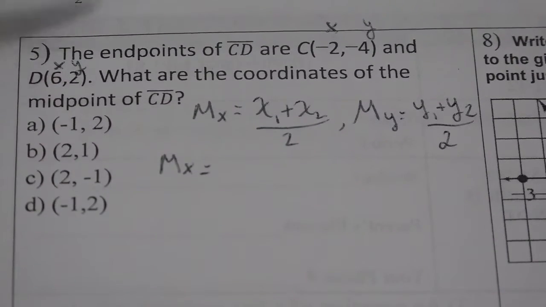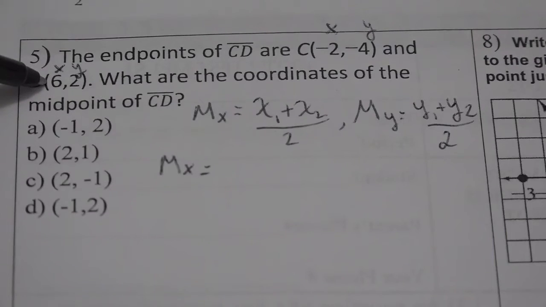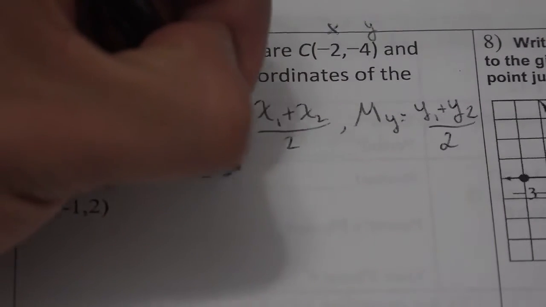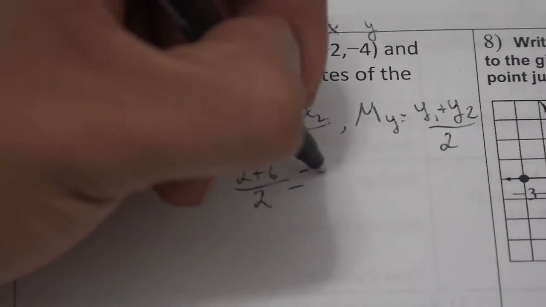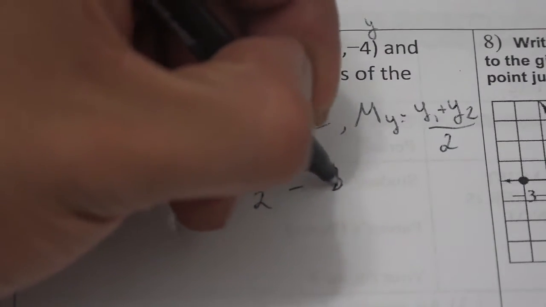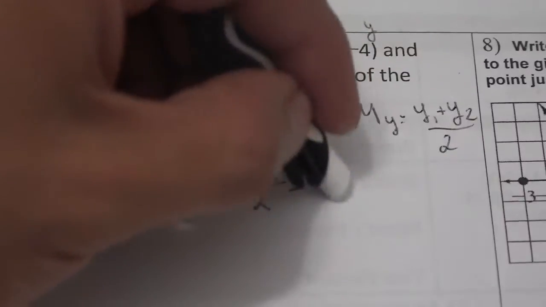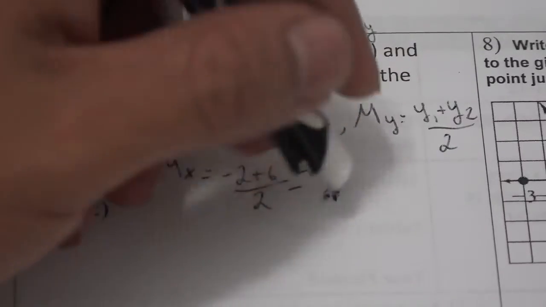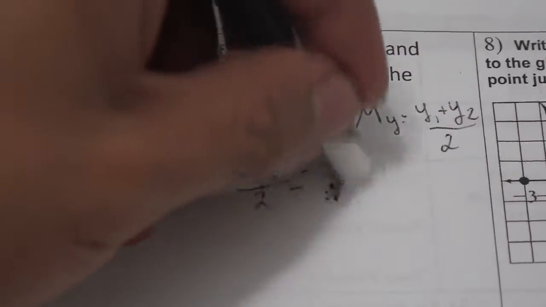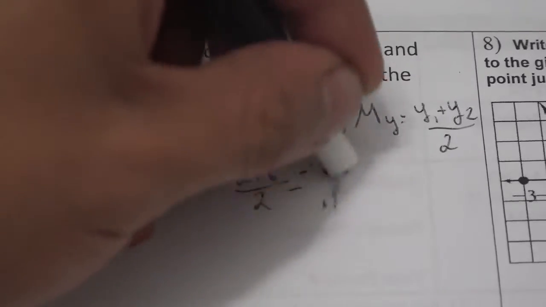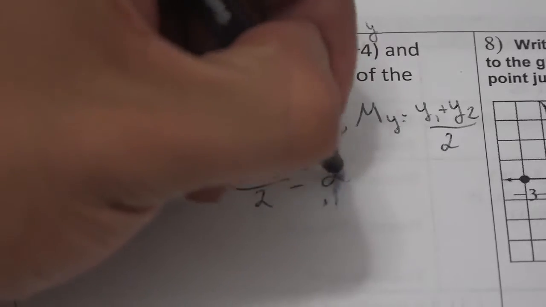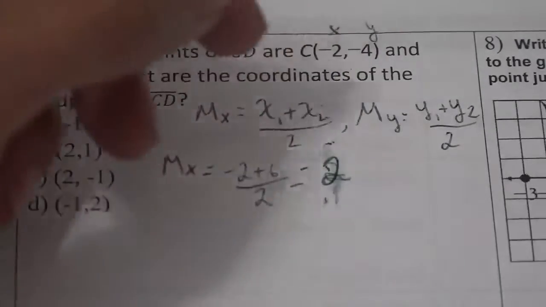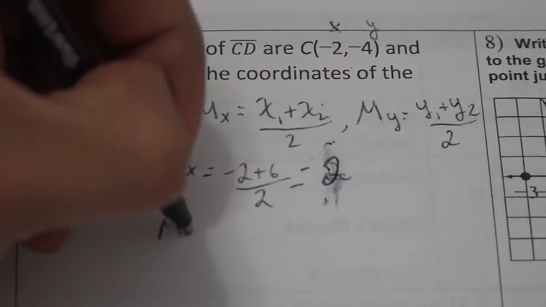Okay, so let's see now. x1 plus x2. -2 plus 6 is 4. Divided by 2 is 4 divided by 2, which is 2. Now let me find the midpoint of y.